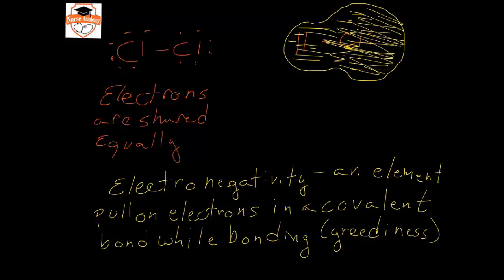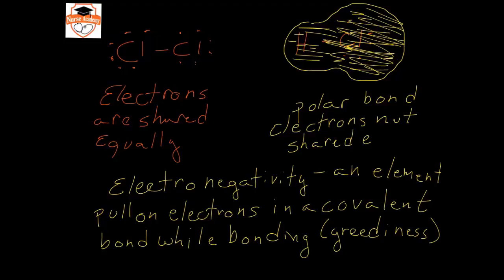Basically, we would say that this is a polar compound or polar bond where electrons are not shared equally. And so we actually would draw a little positive charge here and a little negative charge here to show that this part of the molecule is much more negative than this part of the molecule.